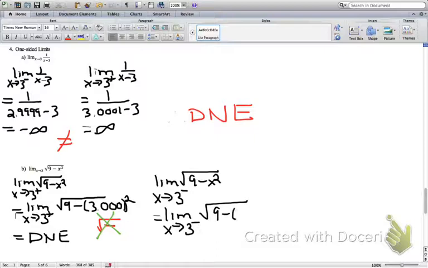So 9 minus 2.999 squared. That's going to be really, really close to 9 minus 9, so that's going to be equal to 0. It's getting really, really close to 0. These limits are not the same from the left side and the right side, so therefore, again, this does not exist.